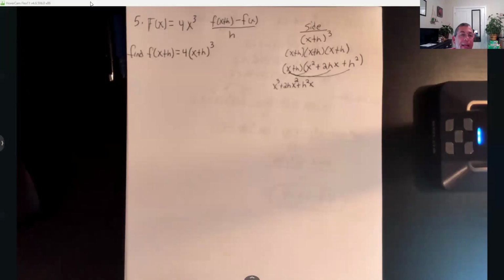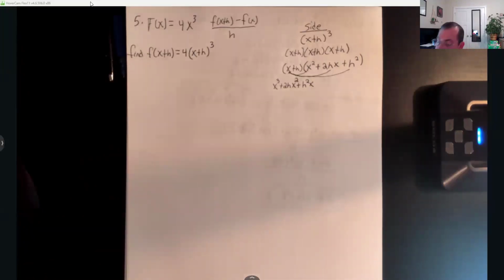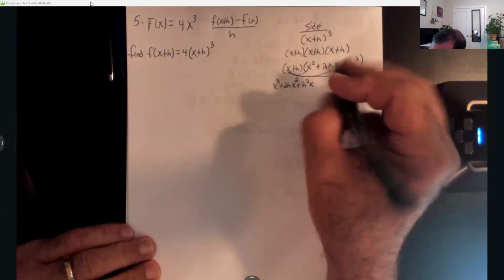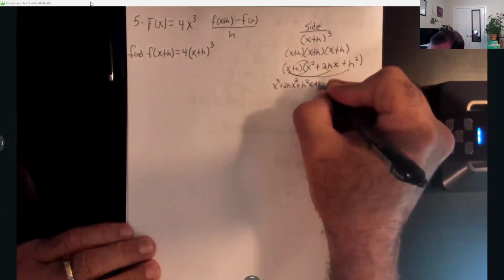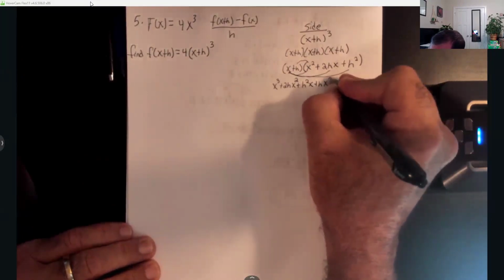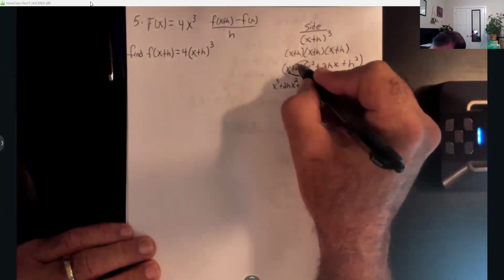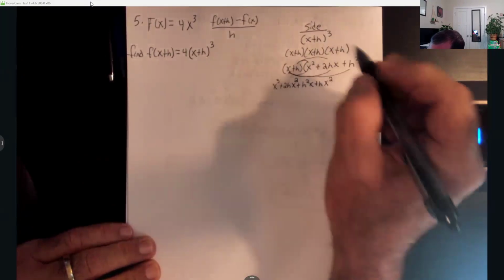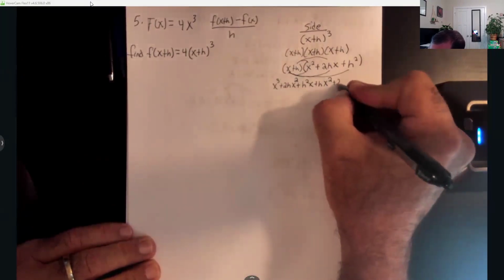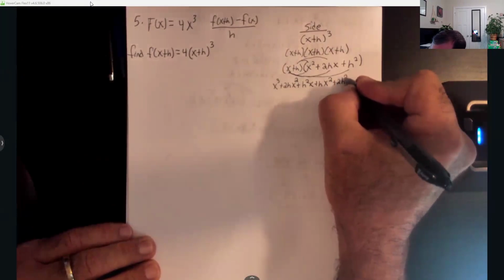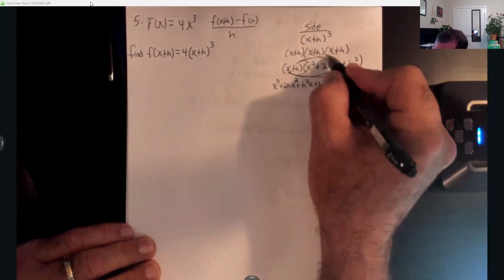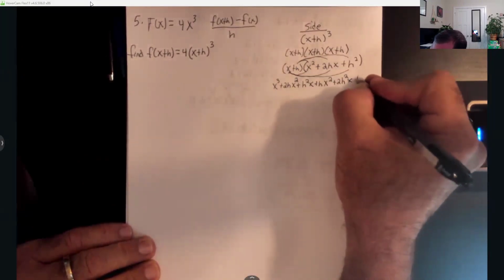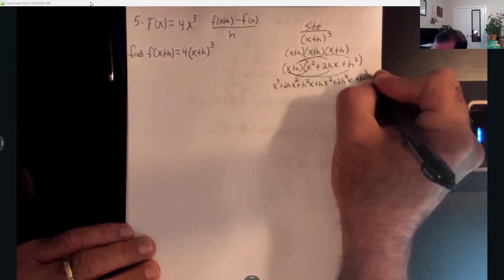I'm keeping everything in alphabetical order to make this a little easier, okay? Now let's distribute the h. h times x squared is a hx squared. H times 2hx is a 2h squared x. And y'all, h times h squared is a h cubed.